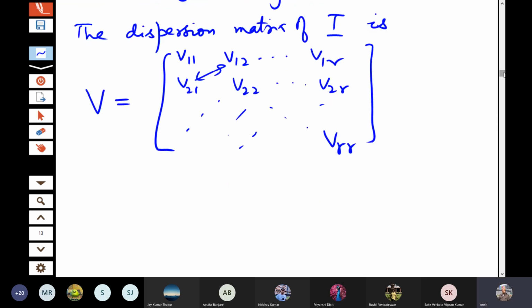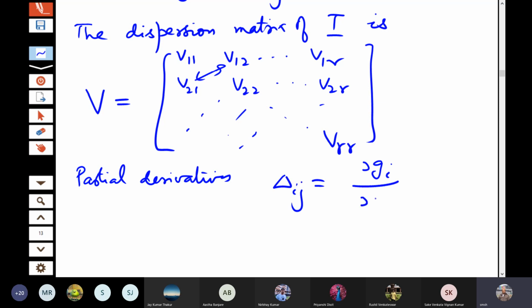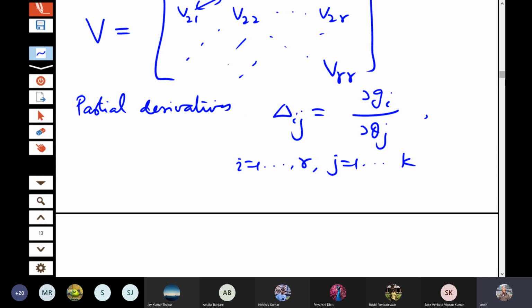As in the case of one dimension, we need g prime theta terms to come in. So I will write here the partial derivatives. Delta ij is defined as the derivative of gi with respect to theta j, for i equal to 1 to r, j equal to 1 to k. Based on that, we frame a matrix, delta.